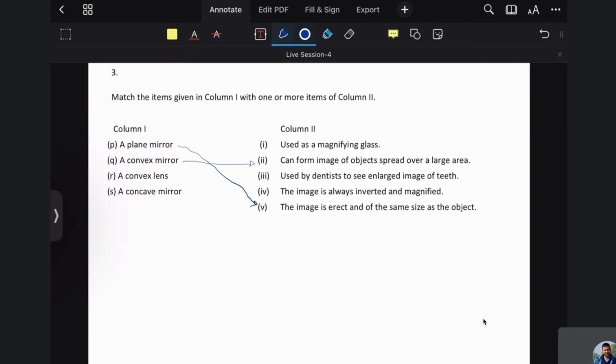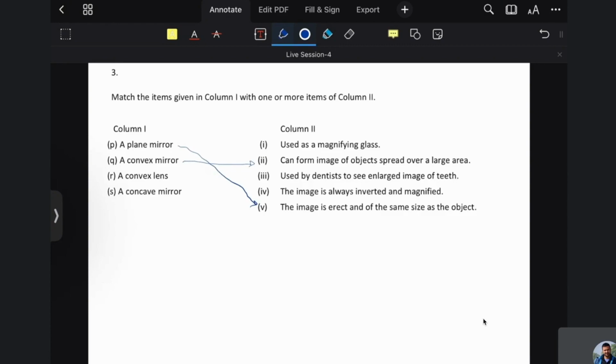It is trivial. A plane mirror always forms an erect image of the same size as the object. Then a convex mirror forms a diminished image, so it can cover a large area. So Q matches to 2.